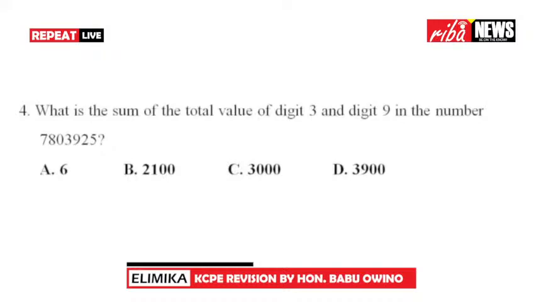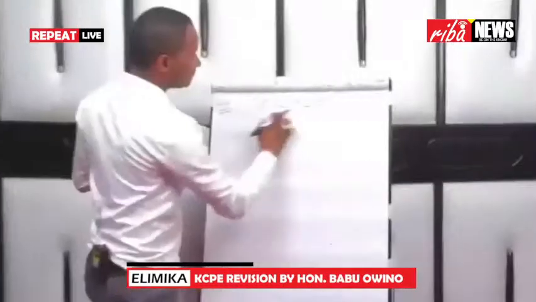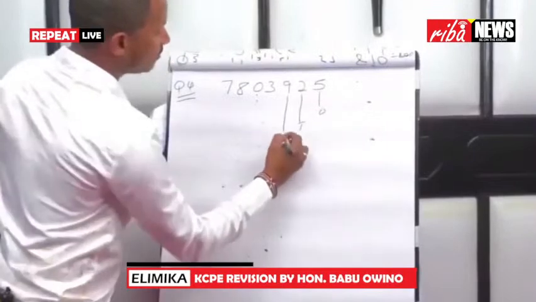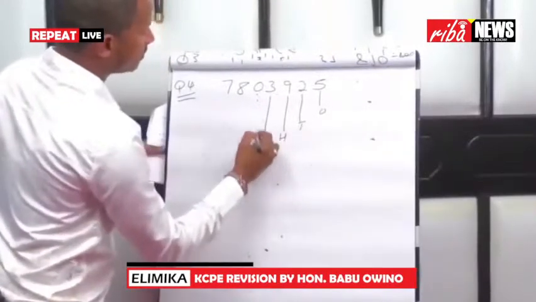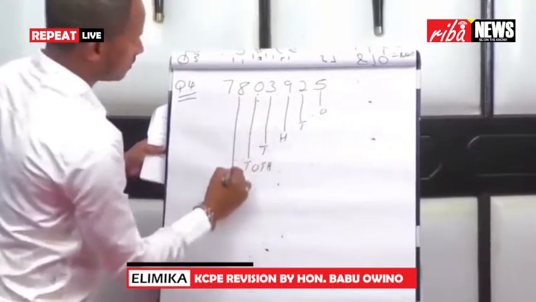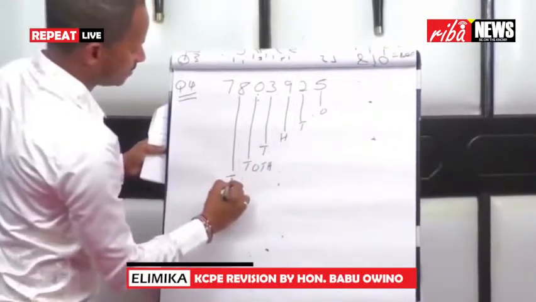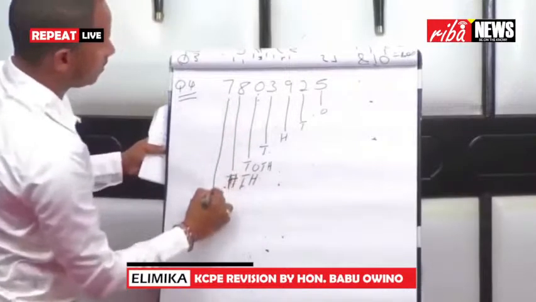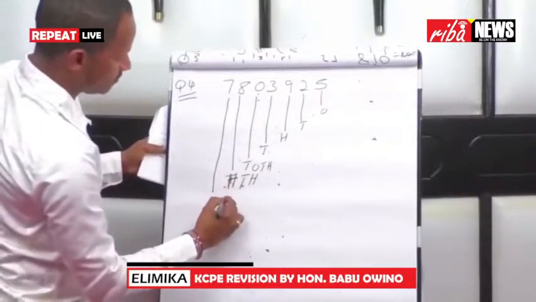So what is the total value of digit 3? First of all, identify the place values: ones, tens, hundreds, thousands, tens of thousands, hundreds of thousands, then million.